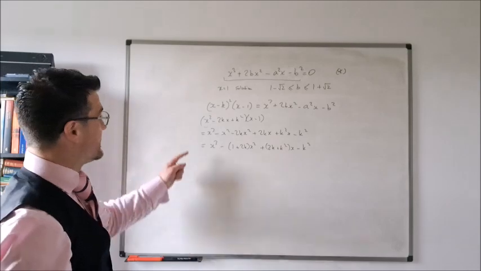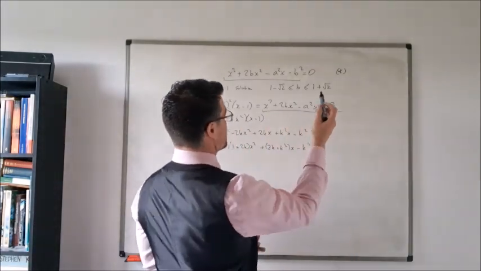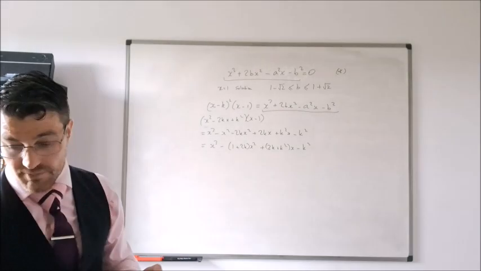Okay, and that has to be equal to x cubed plus 2bx squared minus a squared x minus b squared.